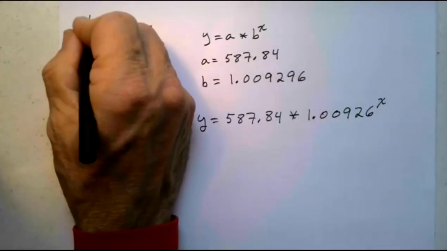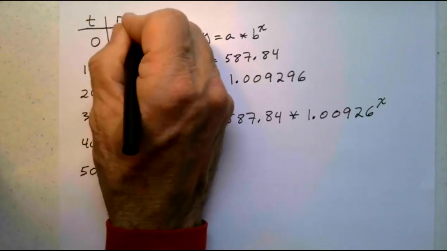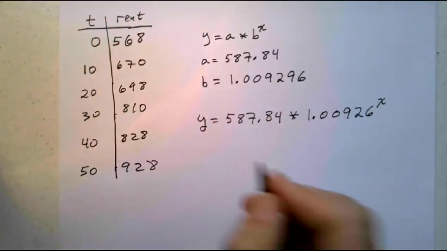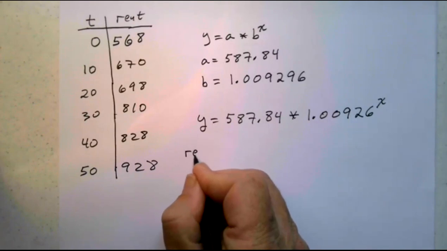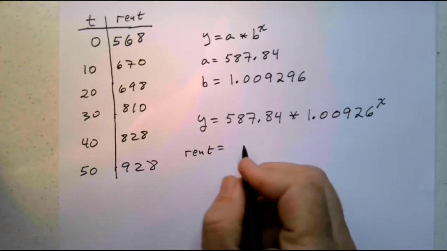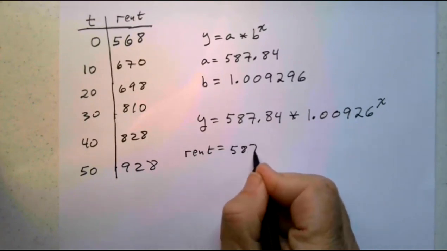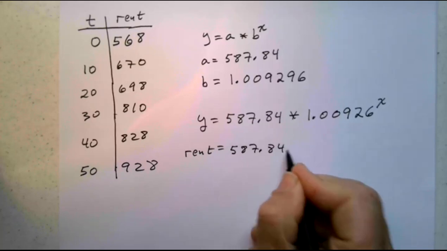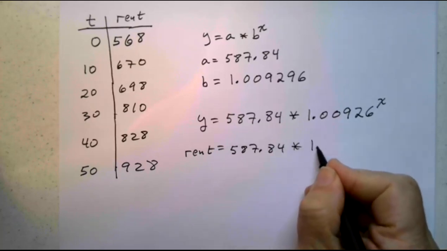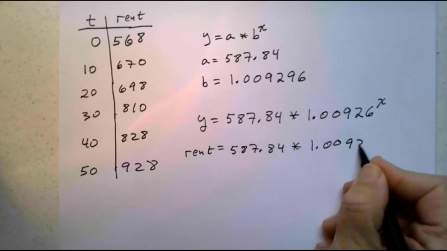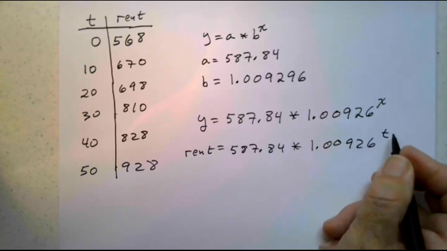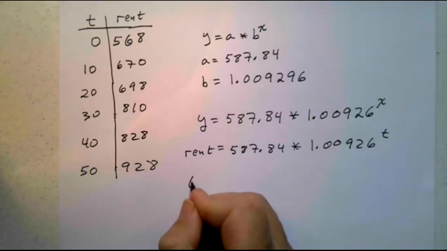This was really T, and this was really rent. So I'm going to write the equation down one other way, namely rent equals 587.84 times 1.009296 to the T, where T is number of years since 1960.